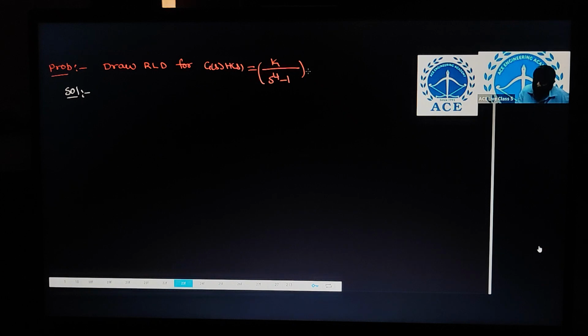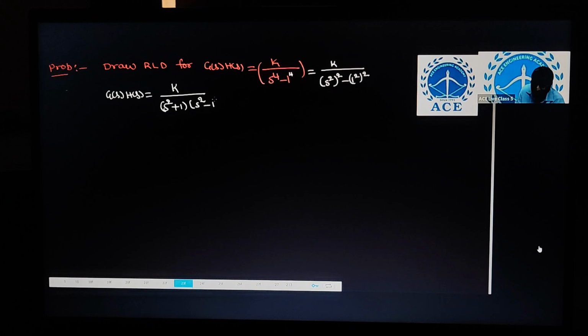Look at the poles. It can be written as K by S power 4, which is of the A square minus B square form: S square whole square minus 1 square. A square minus B square can be written as A plus B into A minus B. That means S square plus 1 and S square minus 1. Come on, represent the poles and zeros in this plane.